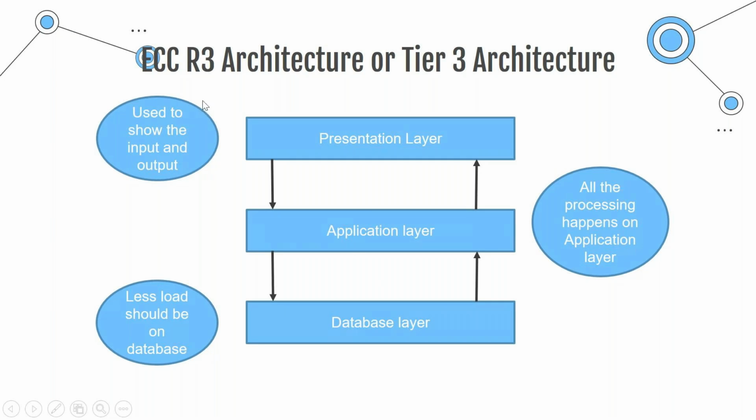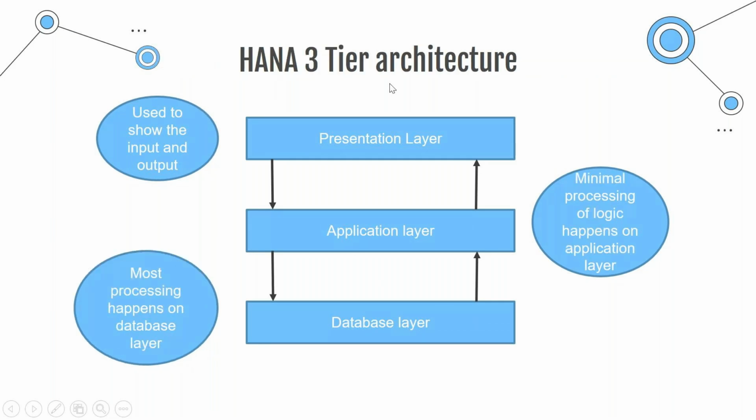Whereas in the HANA system, we should tweak our code in such a manner that most of the processing can be moved onto the database layer and minimal processing should happen on the application layer. This is the only difference in how the background architecture works in ECC versus S4 systems.